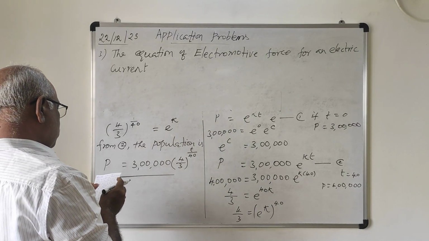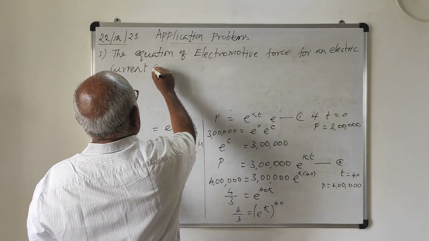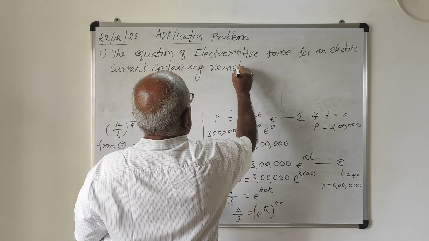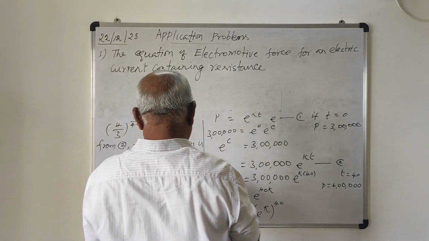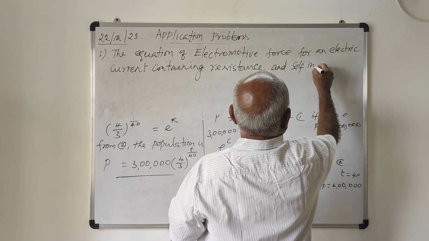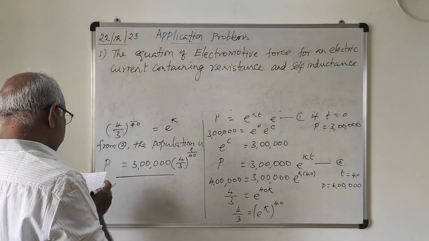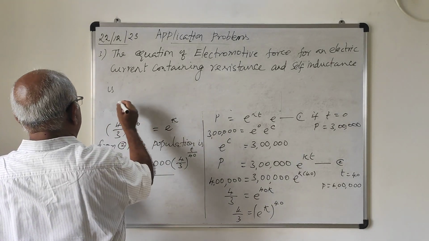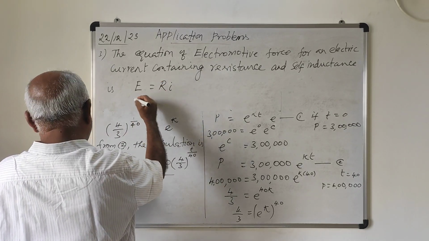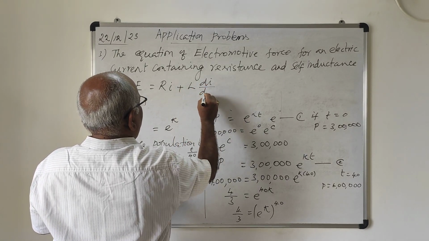The equation of electromotive force for an electric current containing resistance and self-inductance is given by the relation E equal to Ri plus L into di by dt.